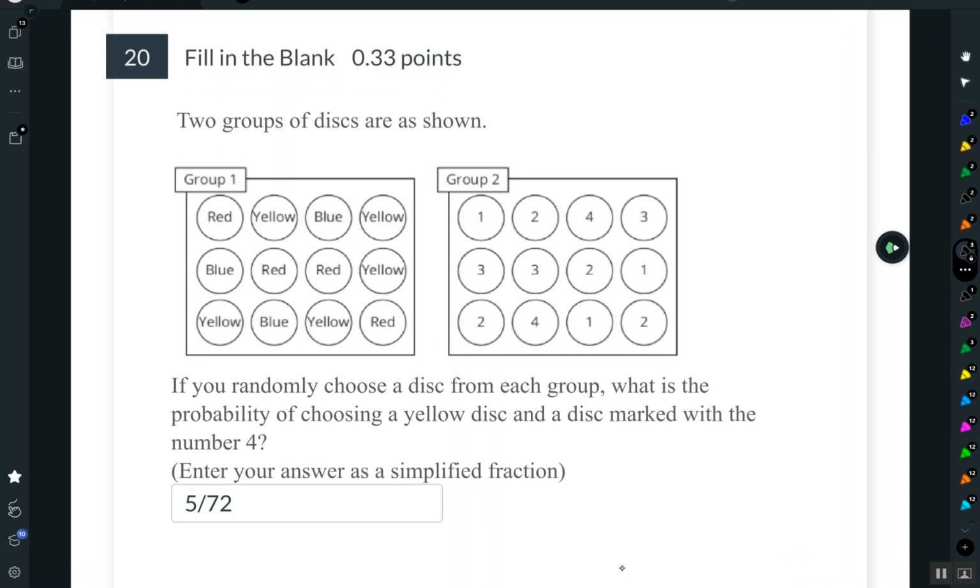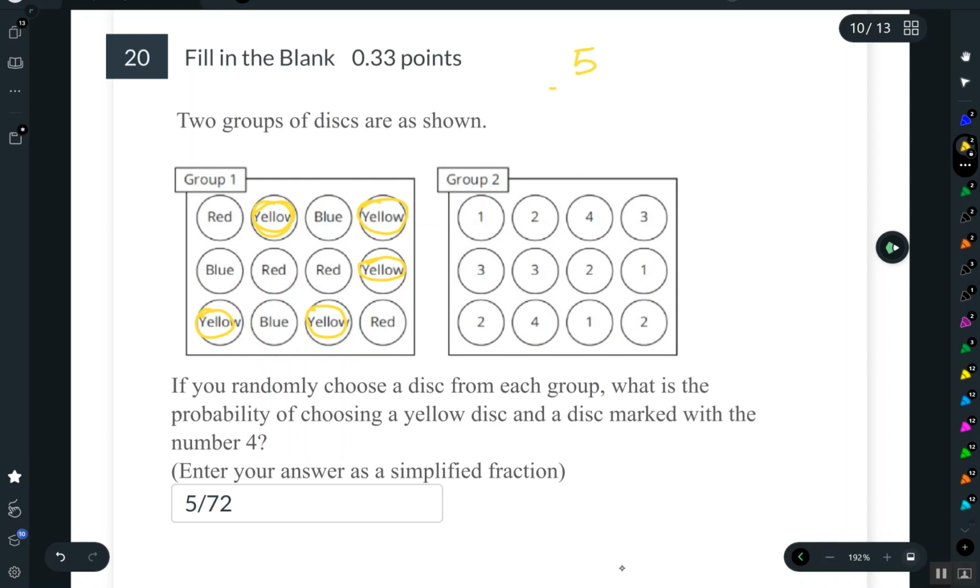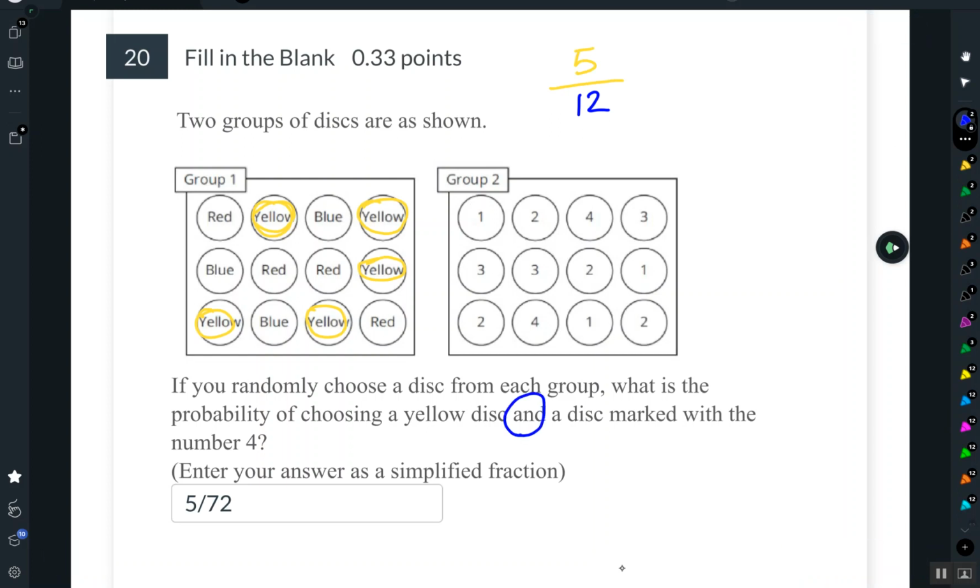So since they're grouped separately, the 2 events aren't really going to affect each other. So let's find all the yellow ones. 1, 2, 3, 4, 5. So there's 5 yellow ones out of 1, 2, 3, 4, 12 in group 1. Now this says and, choosing a yellow disc and a disc marked with the number 4.